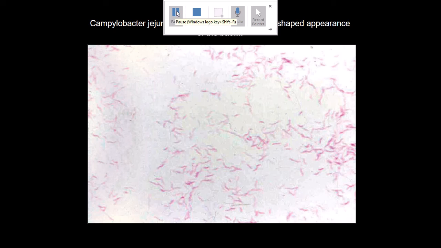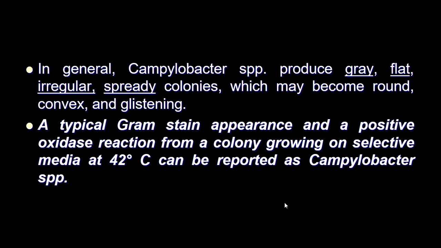Campylobacter jejuni. So it is so important then to identify those pathogens from the rest.